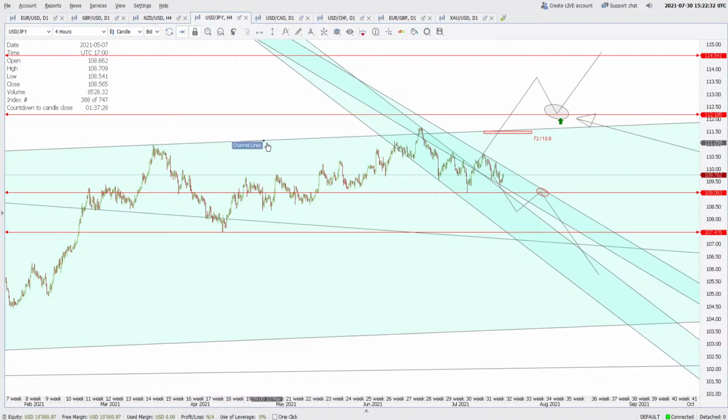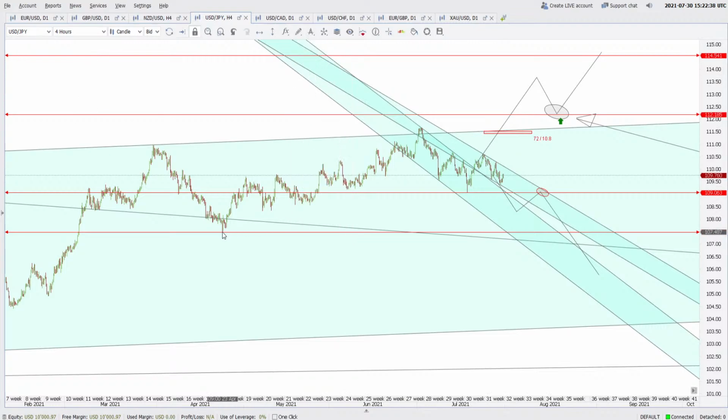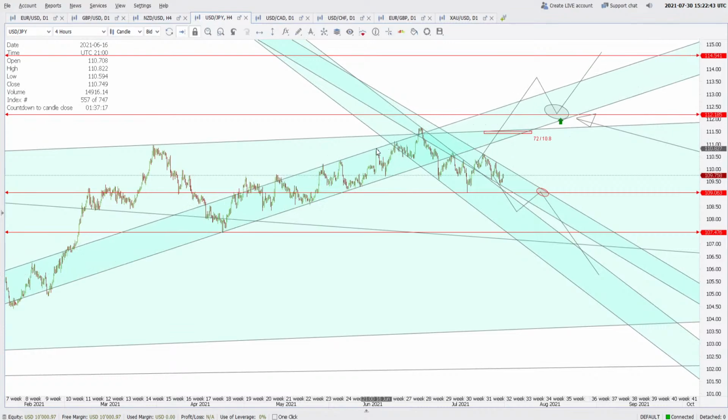One is this rising channel resistance line, and second is that we had a channel here, and after that channel is broken, its support line will continuously keep acting as a resistance in the coming days. So at this level we are expecting some resistance, or the confluence of the resistance. Although we are removing this channel, this level is still equally important.